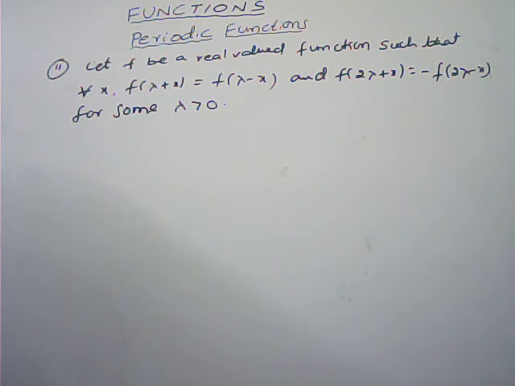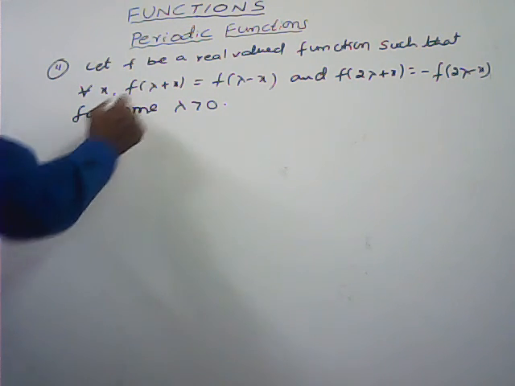We have to find the nature of the function, whether it is odd or even, and also the period of the function. Options are given, but here I am not mentioning them. Both we have to find.